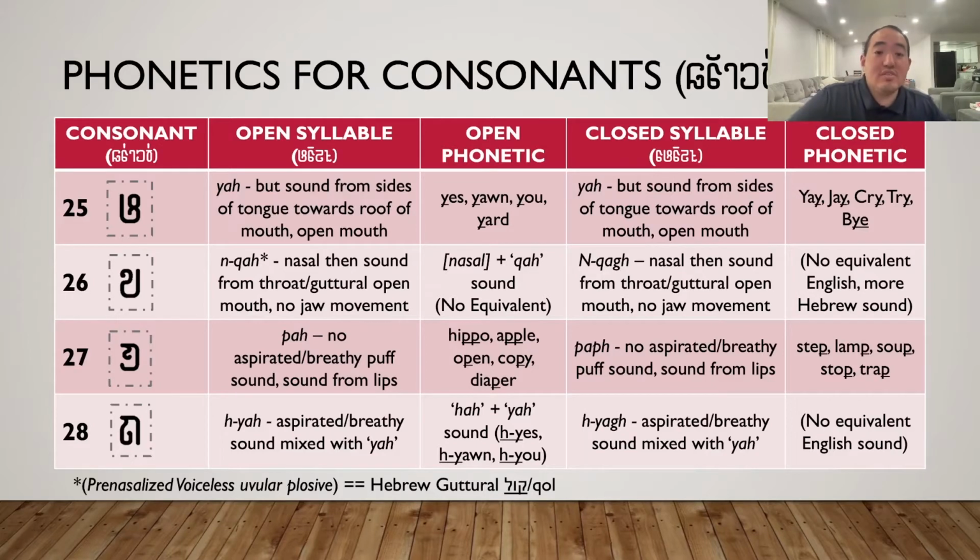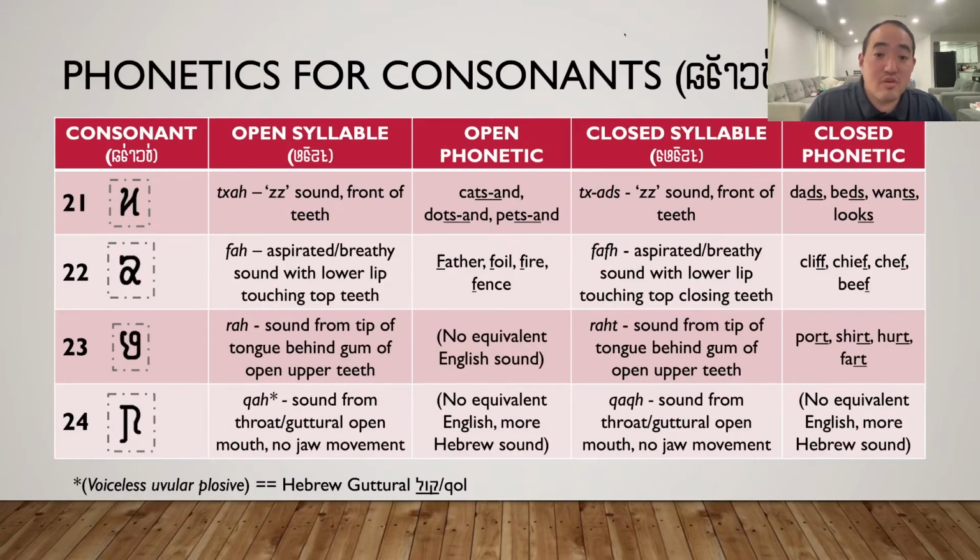On to number 26. This one is pronounced nga, ngag. This consonant is very similar to the consonant right before this, number 24, ka.